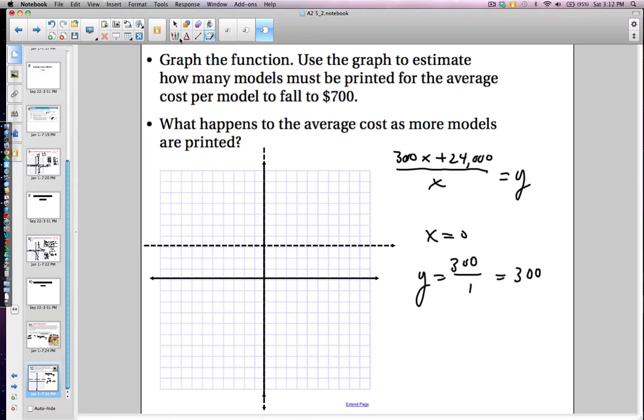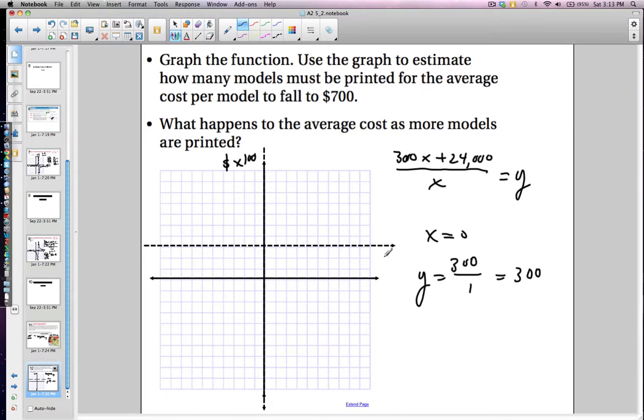So if we go ahead and start working with creating an input-output table in order to graph this. Now, what's unique about this is when you think about these values of x, I'm going to do number of models 1, 2, 3, 4, 5, and then this is going to be in y is hundreds of dollars times 100. Okay, that's the way I've set this up.